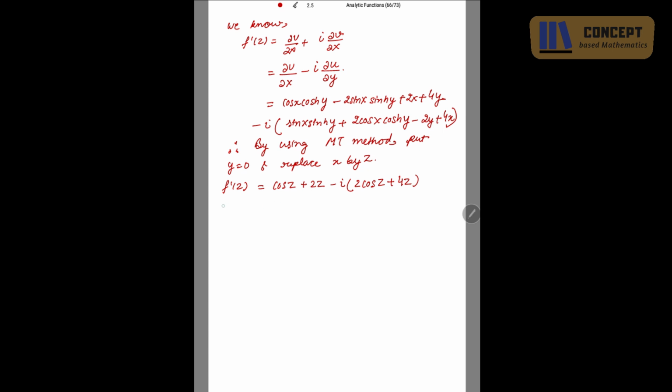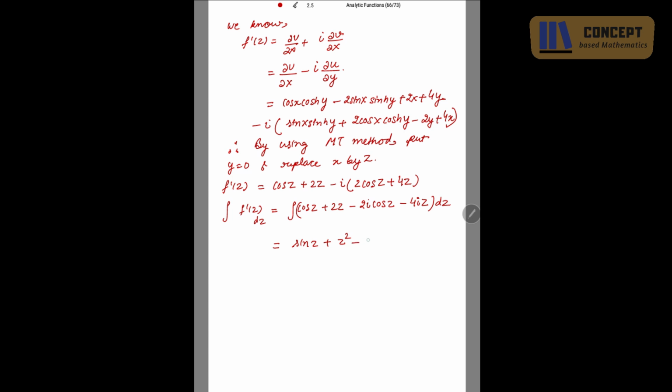So now integrating this f dash z, integration of f dash z dz, this is integrate cos of z plus 2z minus 2 iota cos of z minus 4 iota z dz. You will get integration of cos of z, that is sine of z. Then this is z square.